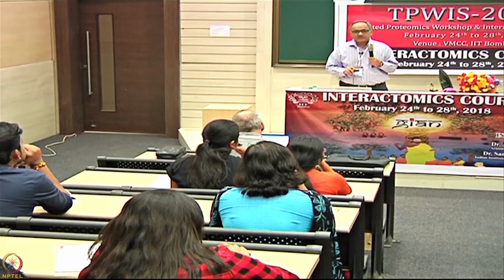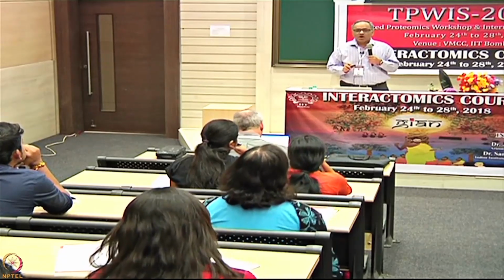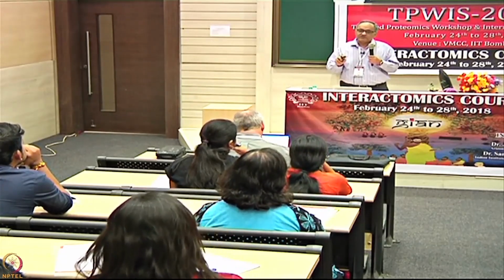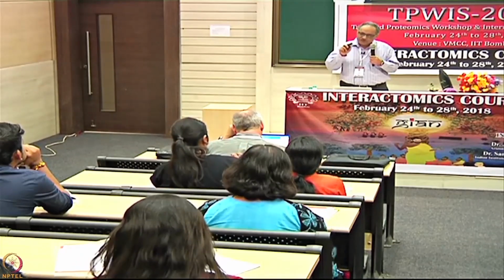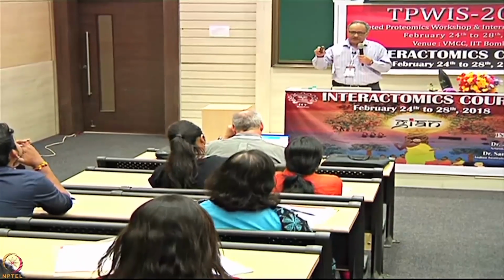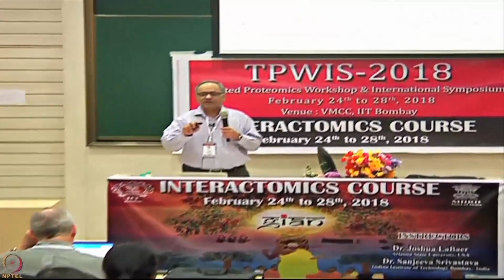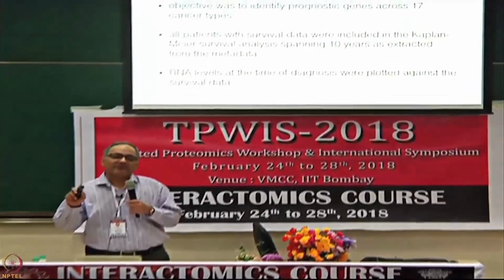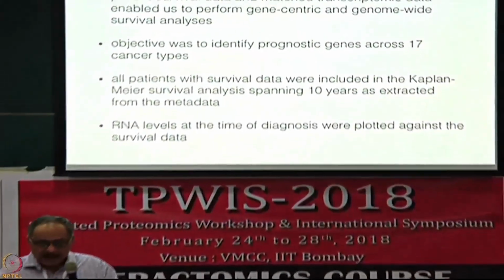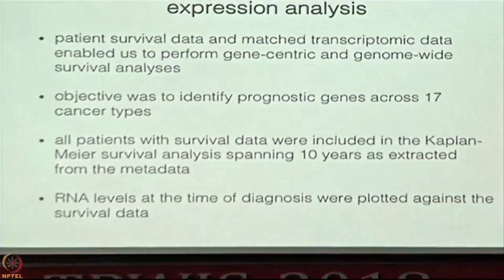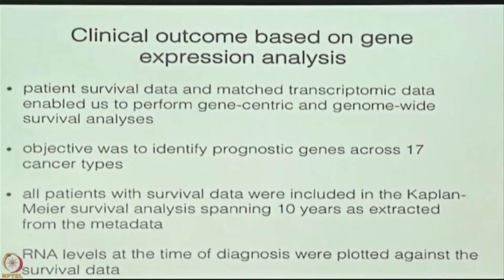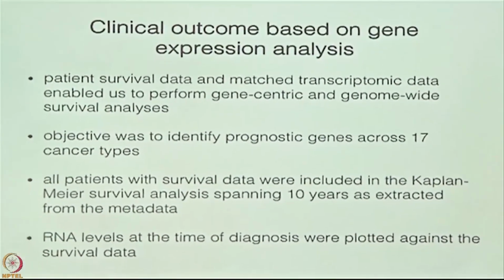So what we did was actually a huge exercise of Kaplan-Meier curves, which looks for survival for each gene, for RNA-seq data from each gene. And the RNA levels at the time of diagnosis were plotted against the survival data.